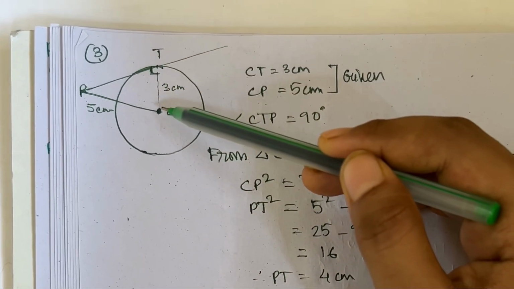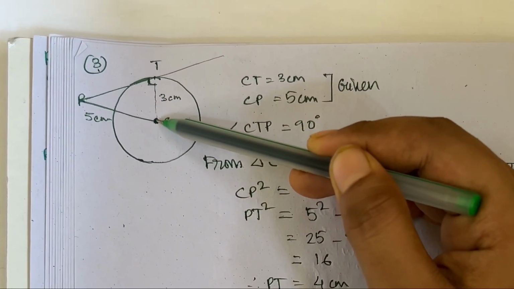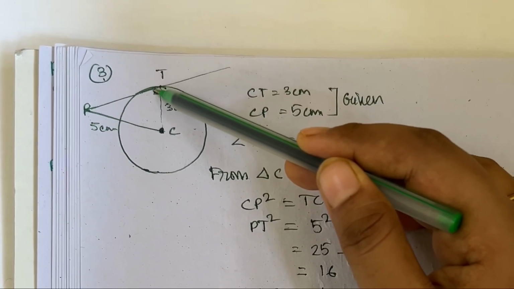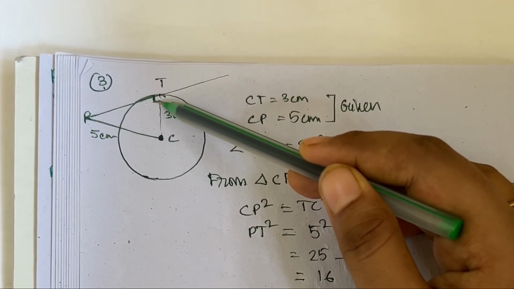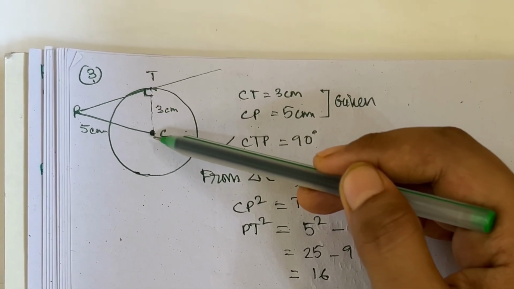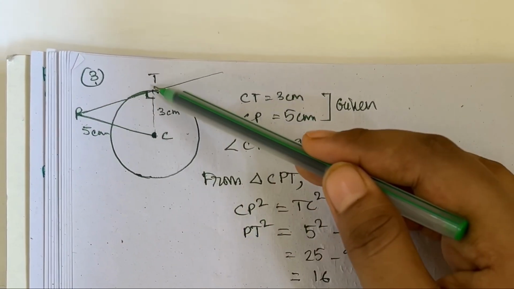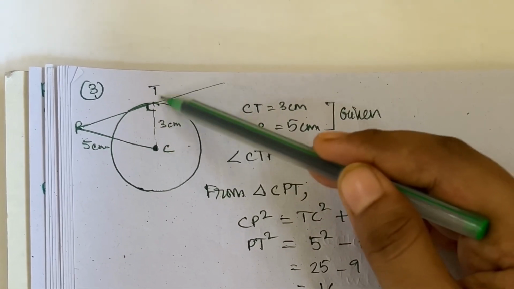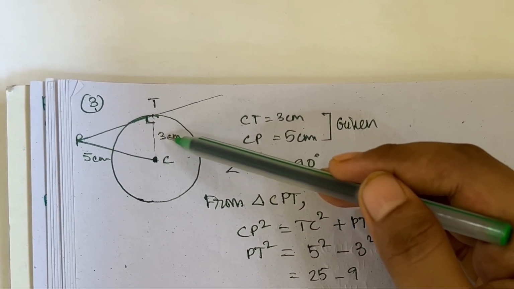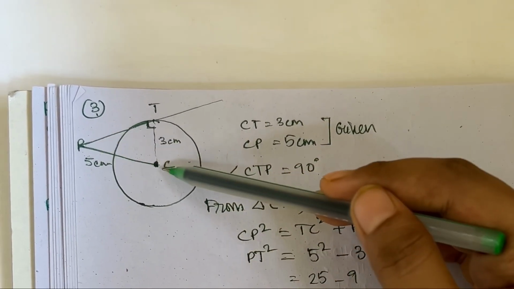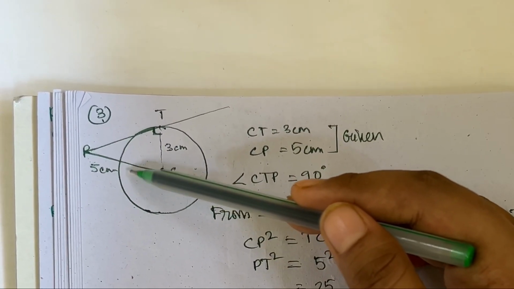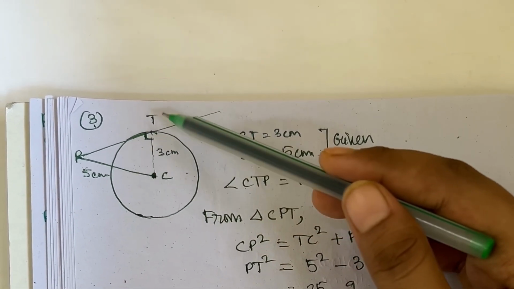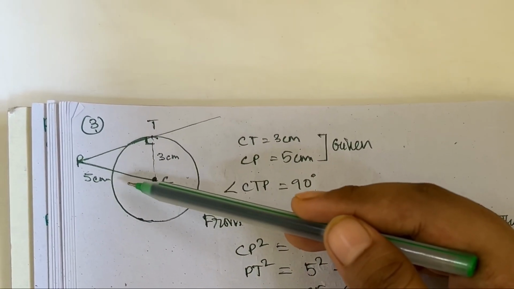Now from the center, if we draw the radius where it's dropping, we form a 90 degree. Now the triangle CPT is formed. CT is given as 3 centimeter and PC is given as 5 centimeter. On applying the Pythagoras theorem, we will get the PT that is required.